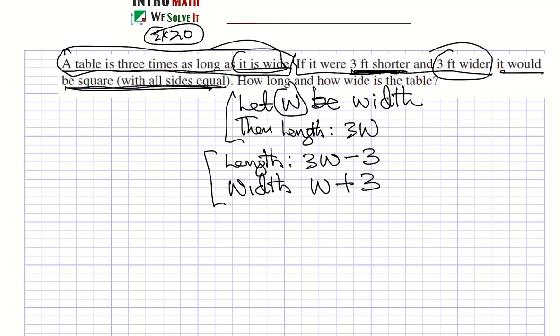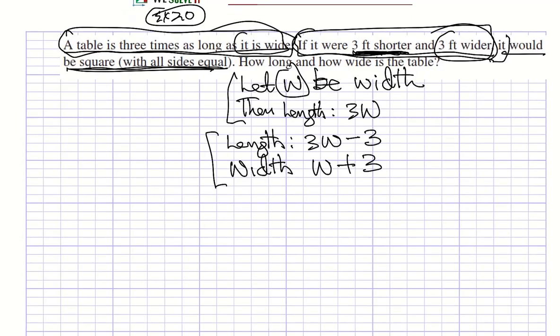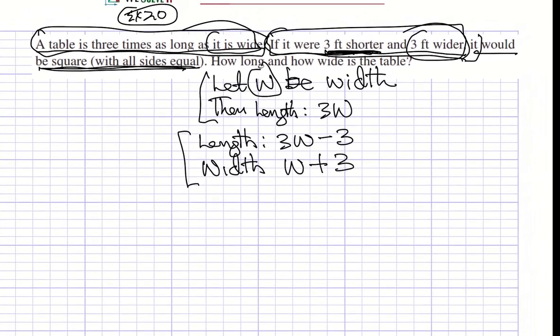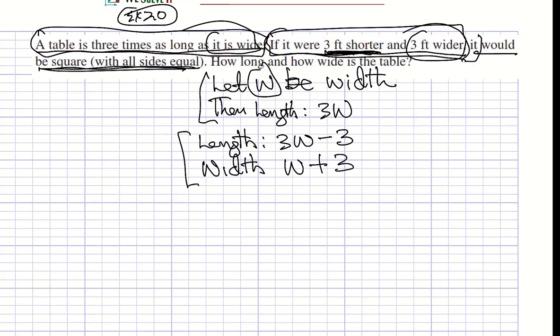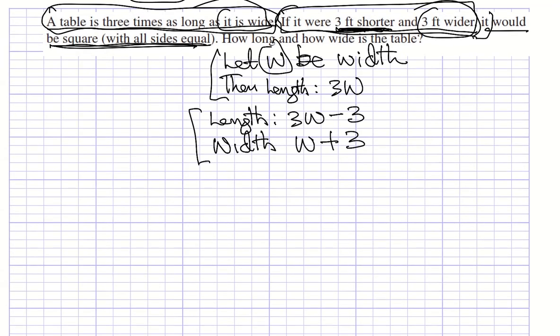And then what do they say again? If this condition holds, then it will be a square with all sides equal. You have to put that into consideration. Then they ask how long and how wide is the table. If that's the case, the sides will be equal, which means it's a square.